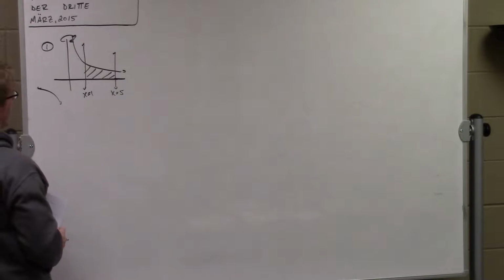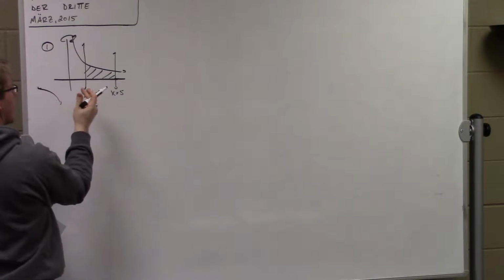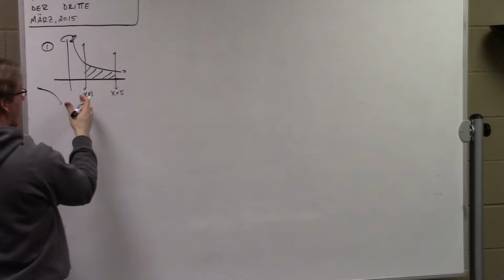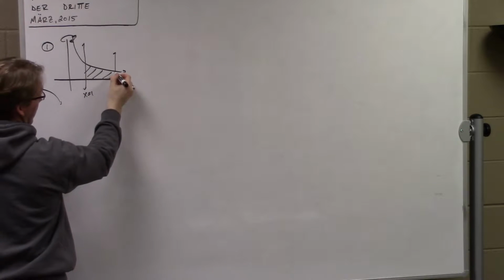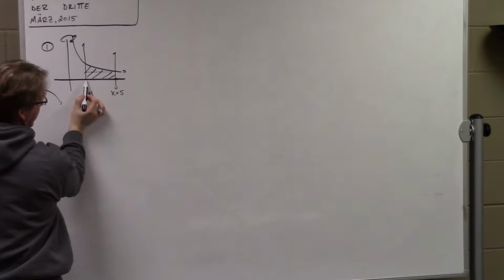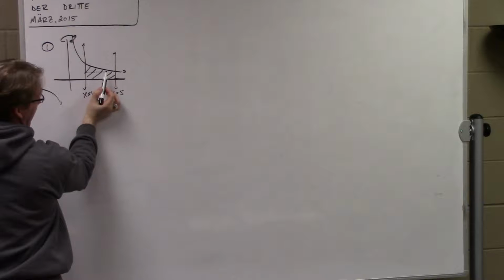Here's why I chose shell, because we're going around the y-axis. When I go around y, if I go with washer, I have to turn everything into y values. And I notice that if I'm thinking y values, this region is going to be split into two parts. For this part, from 0 to whatever that is, you have this line on top and that line on bottom.